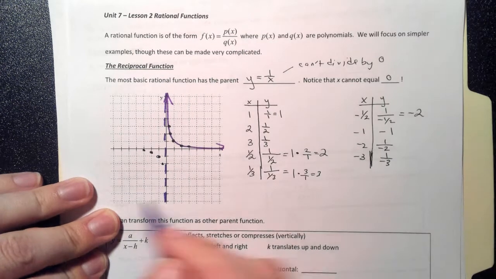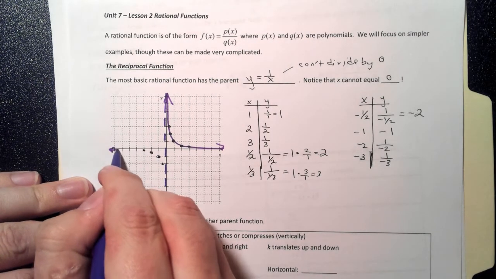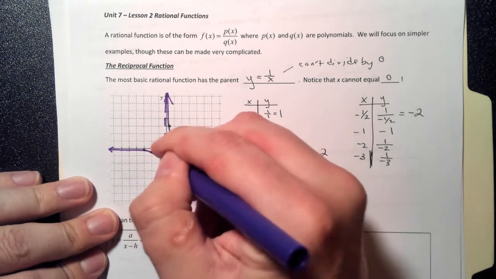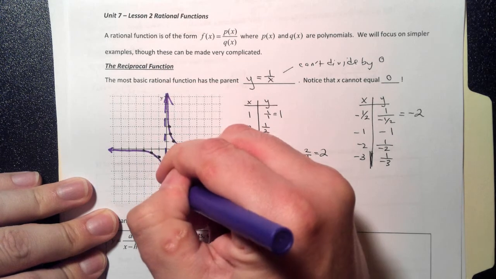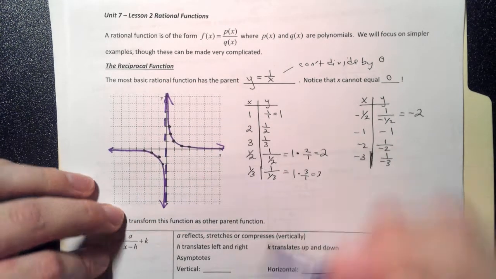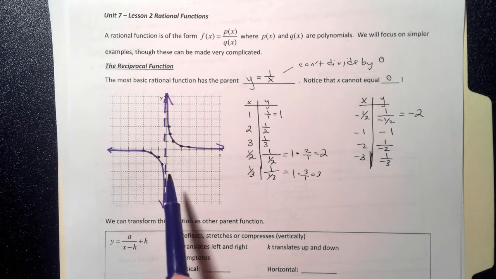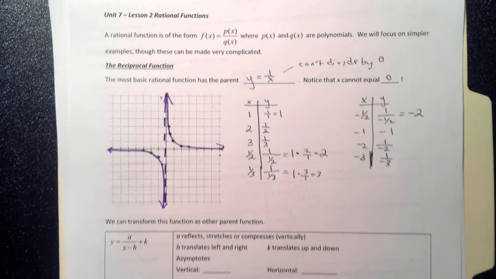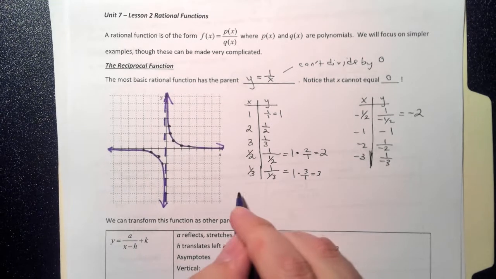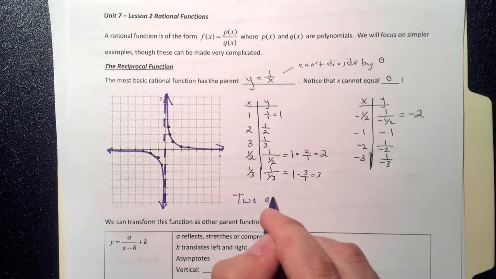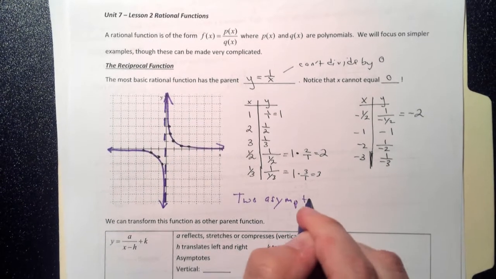I'm going to see that there are two separate disconnected branches, they're not connected, that squeeze in really close to these two asymptotes I see. The asymptotes in this case for this parent function are the two axes. Okay? But I can see I have two asymptotes.